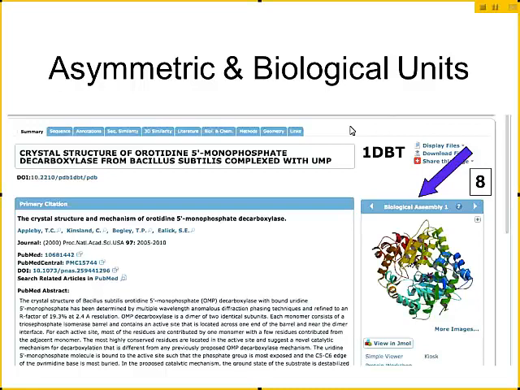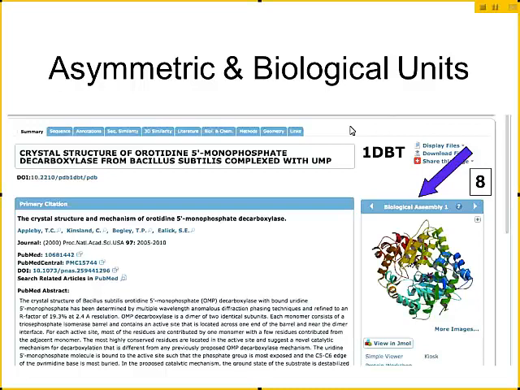One important thing you need to look at when you're pulling down X-ray structures is the asymmetric and biological unit. Now we're almost done with the lecture part of this workshop, and we're going to soon get into running PyMOL. But this is an important part that I want you to understand: when you go and download structures, you're downloading the asymmetric unit.